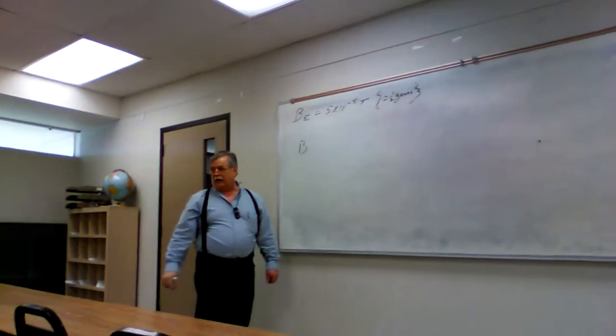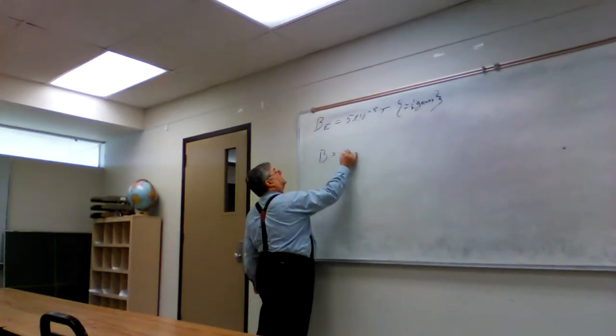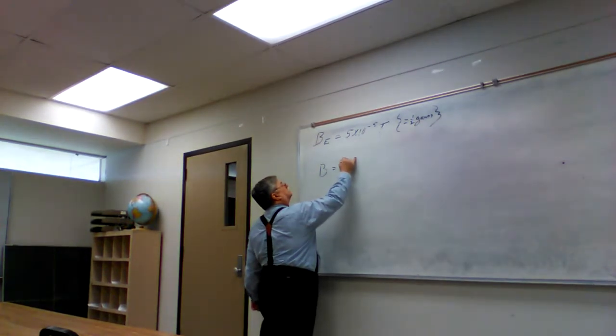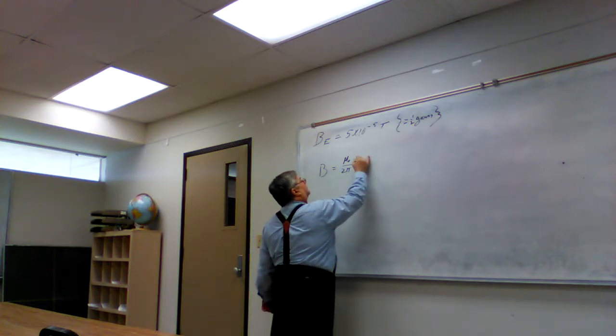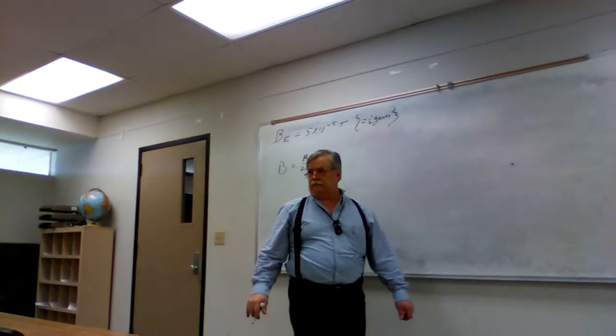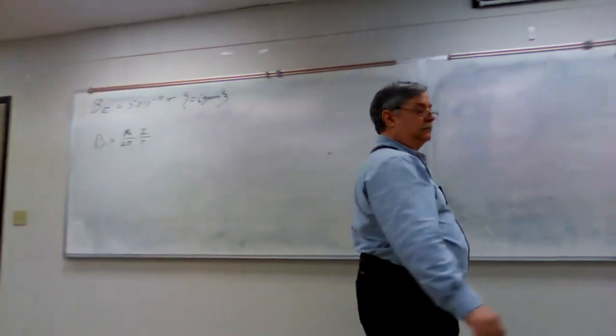The magnetic field produced by a long straight wire is equal to mu sub naught over 2 pi times the current divided by the distance from the wire.